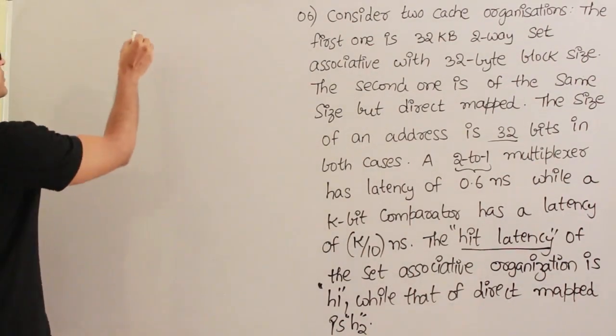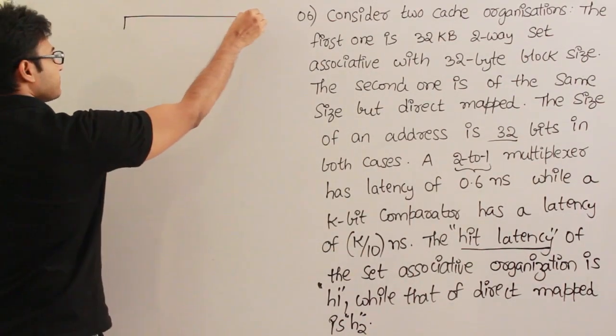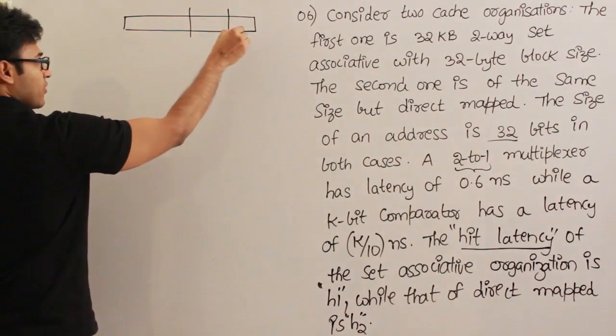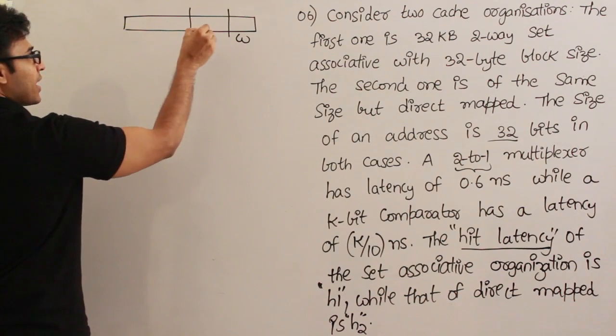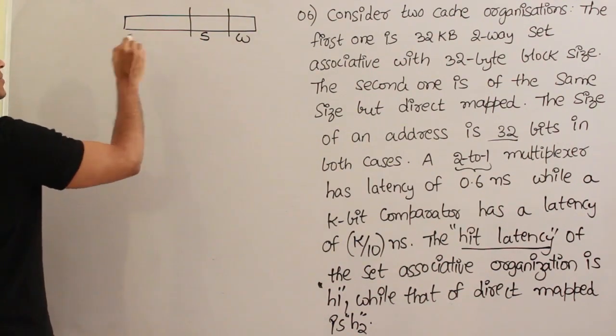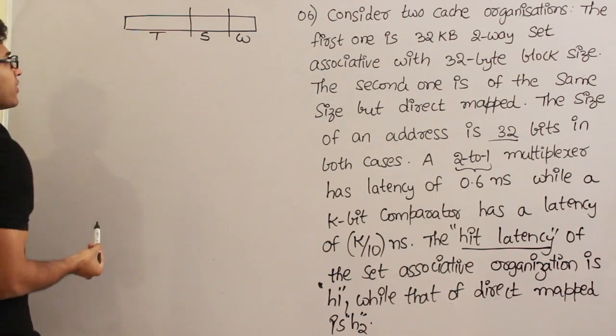In set associative, what we'll try to do is we'll divide the physical address into three parts. One is word number or block offset, and second one is set number, not the line number, set number, and the third one is tag.